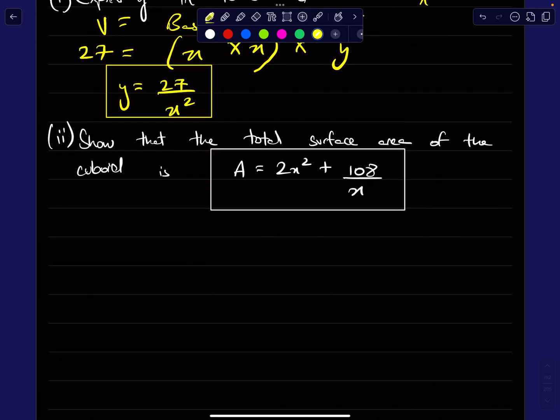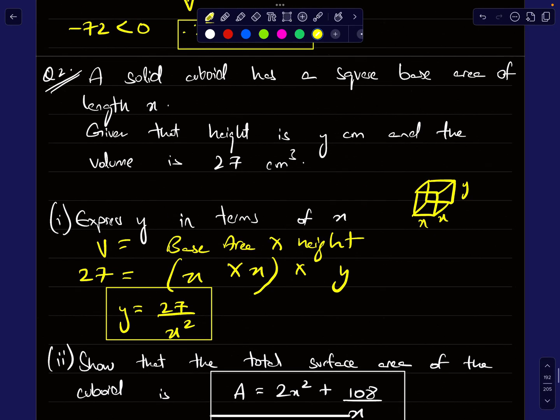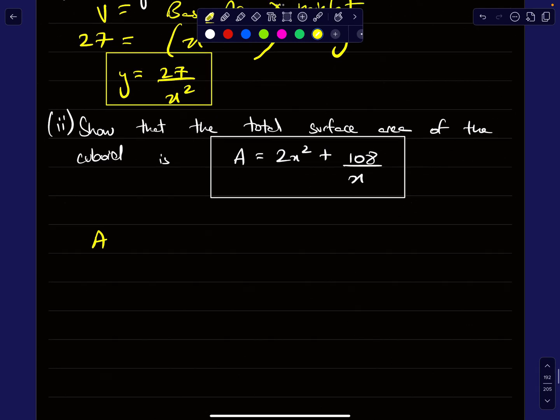Then we're asked to show that the total surface area of the cuboid is this. So the formula would be, since we need to consider all faces, surface area is equal to 2 into x squared plus 2 into x into y.